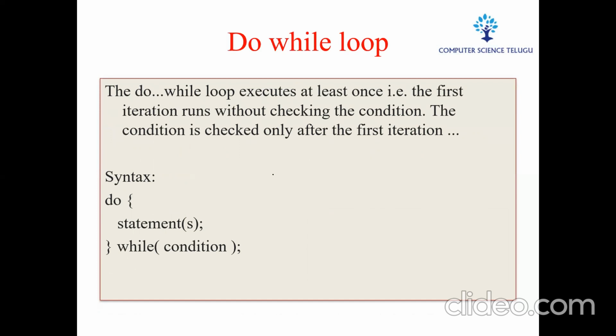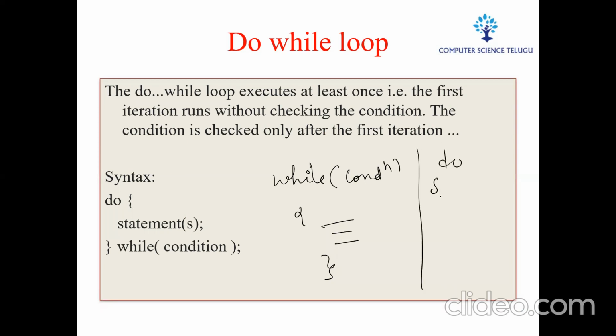Remember, an important point: in a while loop, if the condition is true, the statements will be executed. But in do while, first the statements will be executed, then it will check the condition.